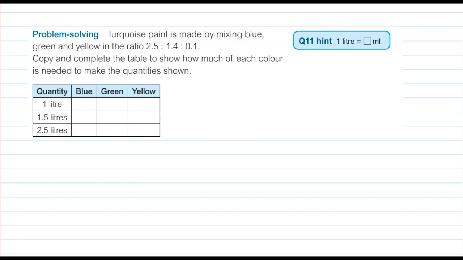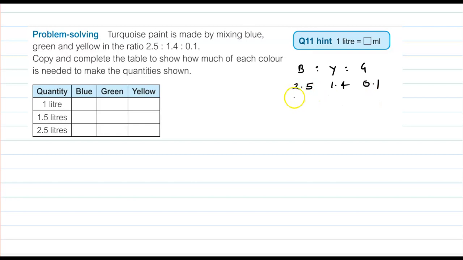Okay guys, welcome back. If you have tried this sum, the first question is: paint is made by mixing blue, yellow and green. Let's write it down here: blue, yellow and green, and their ratio is 2.5, 1.4 and 0.1.